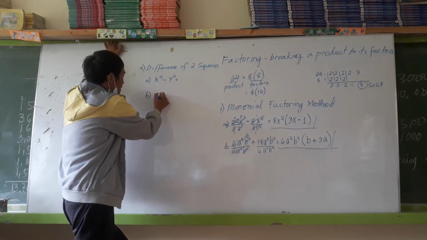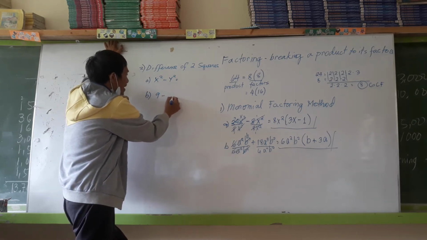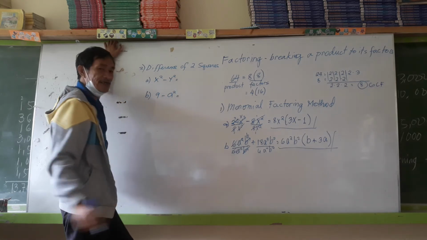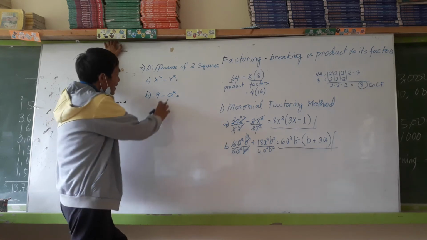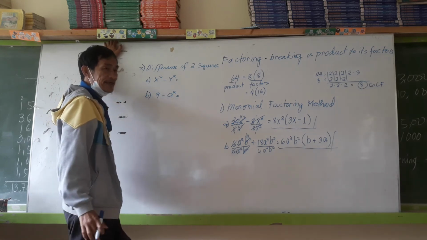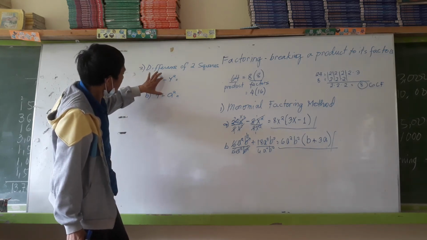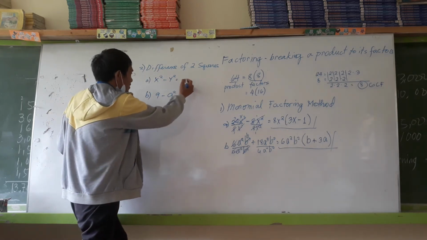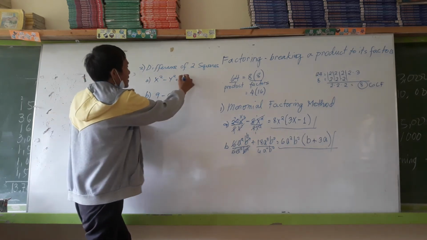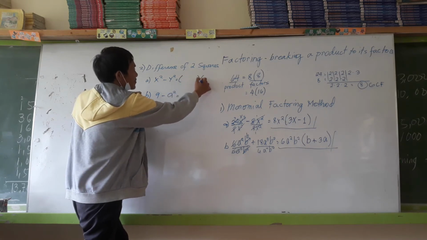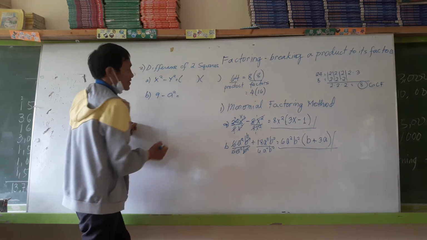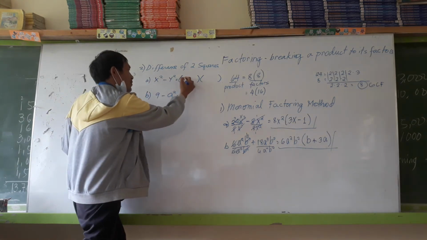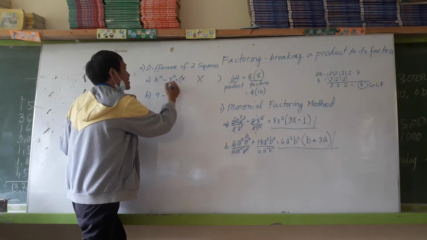Another, 9 minus a squared. 9 here is a perfect square. And so with a squared. Now, difference because they are being subtracted. Okay? So, how are you going to factor this? This is how we're going to get the factors. Okay? For difference of two squares, you just get the square root of the first term.